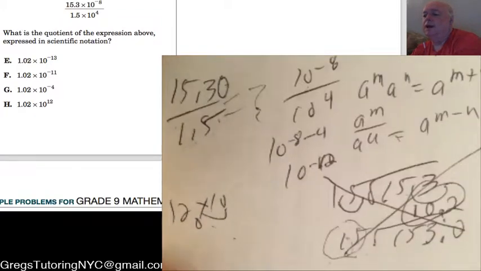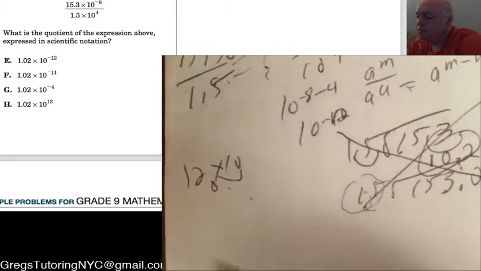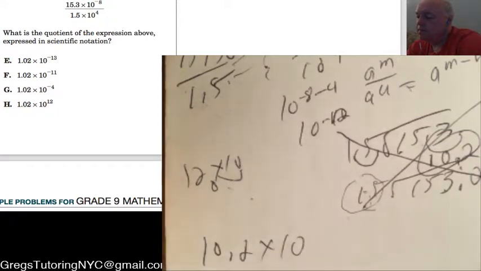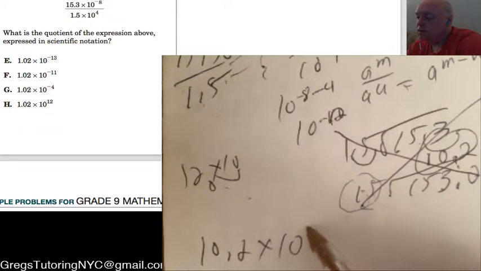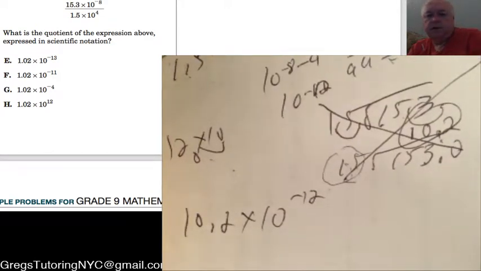I talked about a lot of things about no hesitation math and number sense, and that's really where I'm leading up to on something like this. So what we end up with is 10.2 times 10 to the minus 12. And if we look at the answers, where's the test paper?